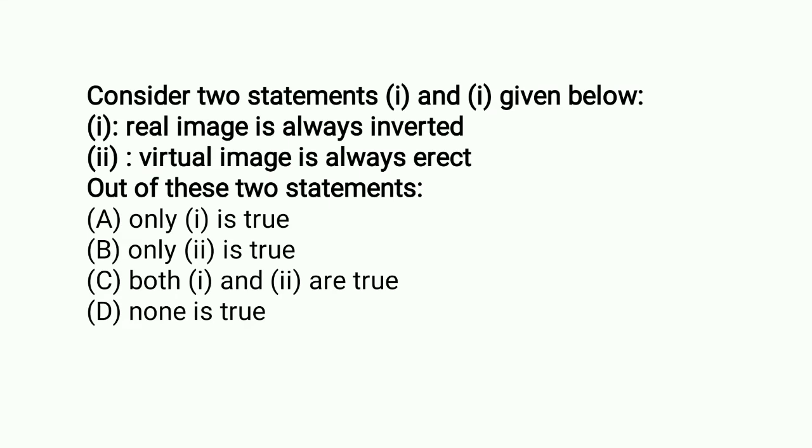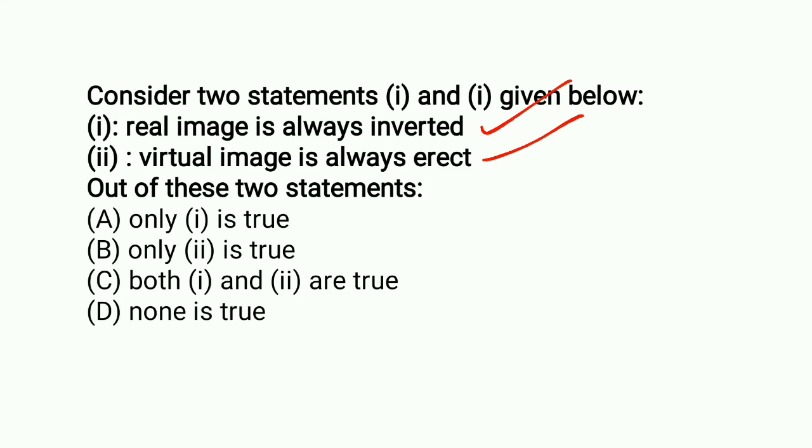Next question. Consider two statements 1 and 2 given below. Statement 1: a real image is always inverted, and statement 2: a virtual image is always erect. Out of these two statements we have to choose which is correct.